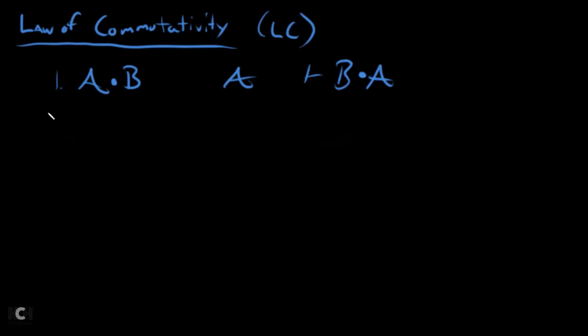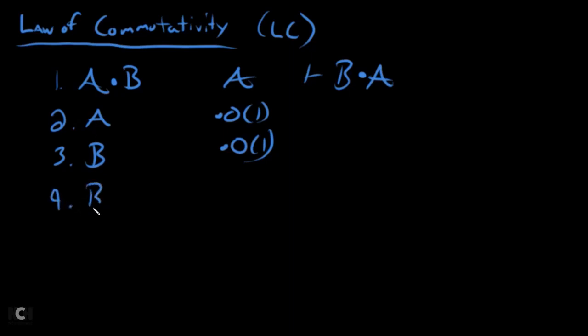What would you do? Well, you break it apart. A and B, that's and out on line 1, and out on line 1. And then we could put it together the other way, B and A, and in 3 and 2. Yay, we did it. And then we could do it in the other direction as well.